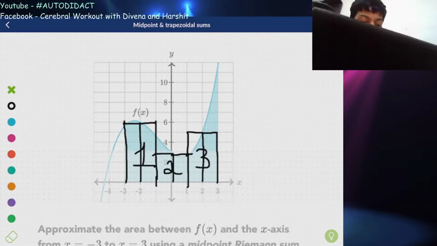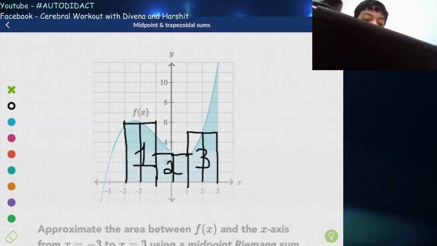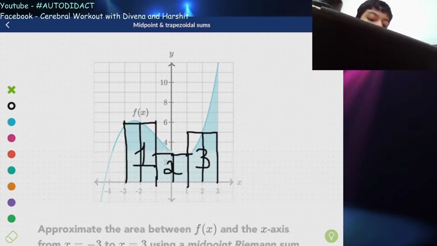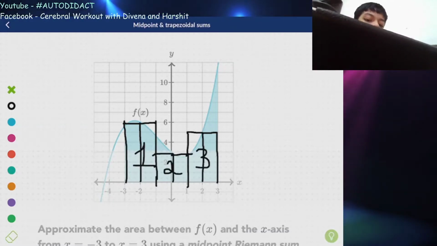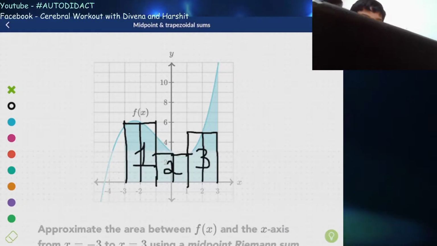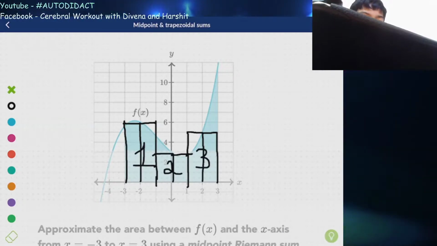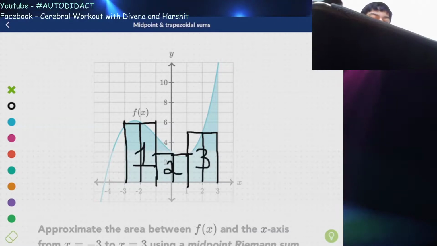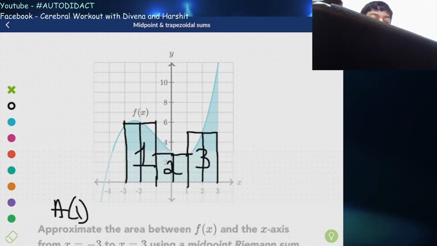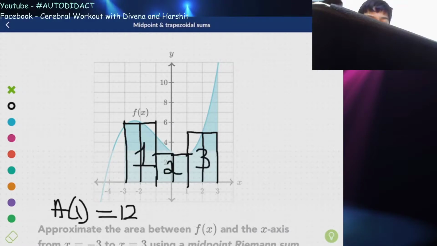Okay, so let's find the area of these. Its height is according to the negative 2, so the area of the first rectangle is 6 times 2, which is 12.